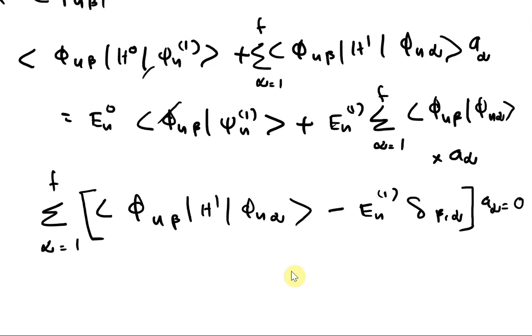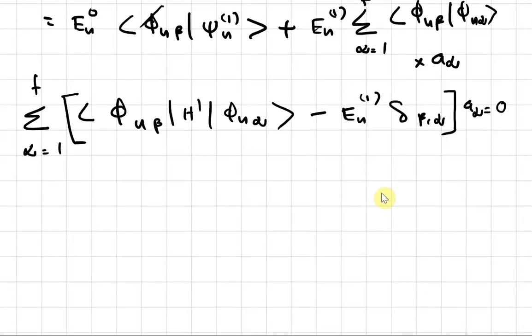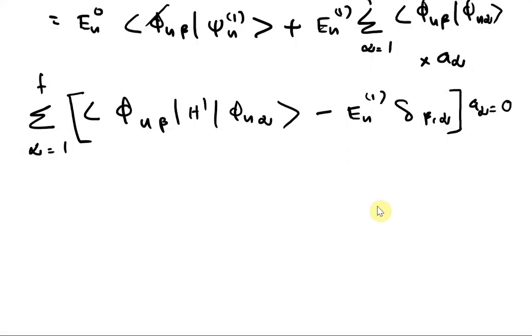Well, this equation is really interesting. It's a homogeneous equation, and not just one, there are f number of equations. Whenever alpha is not equal to beta, this En1 term is going to be 0.